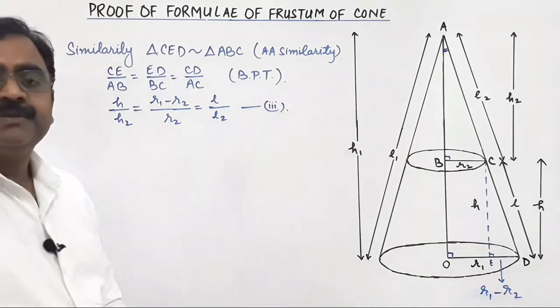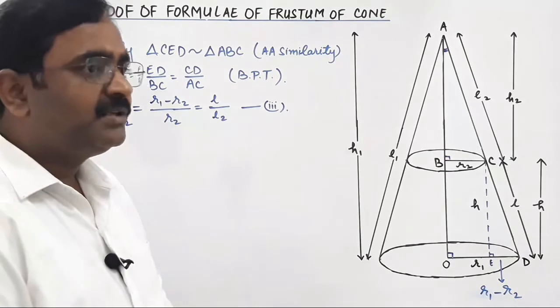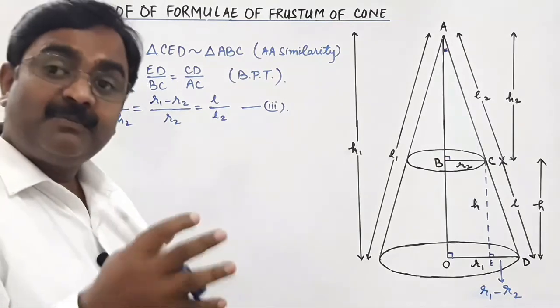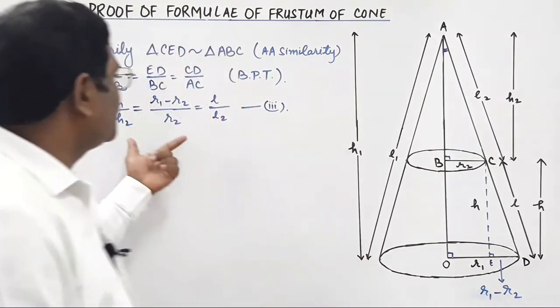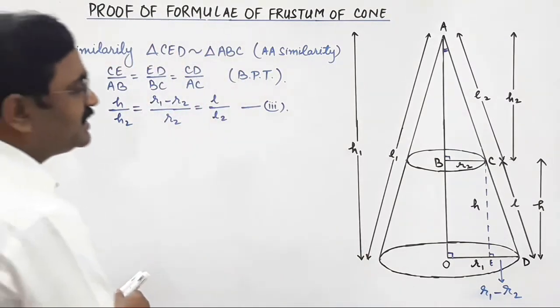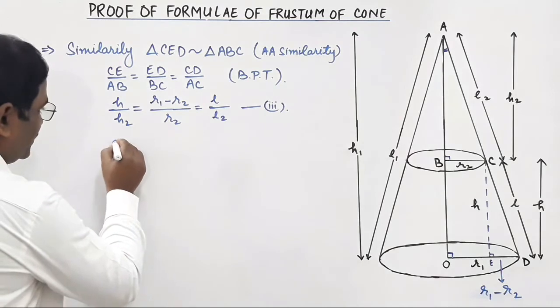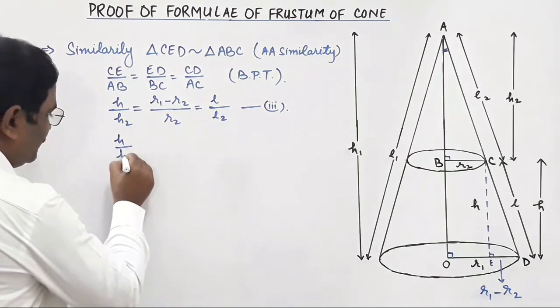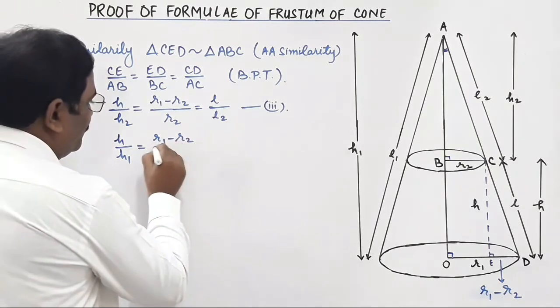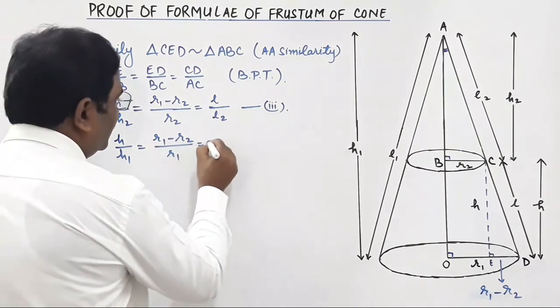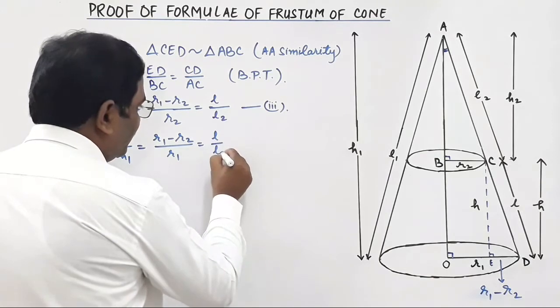So dear friends, with the help of these triangles and these three equations, this is the third one, this is the second one: H upon H1 equals R1 minus R2 upon R1 equals L upon L1.